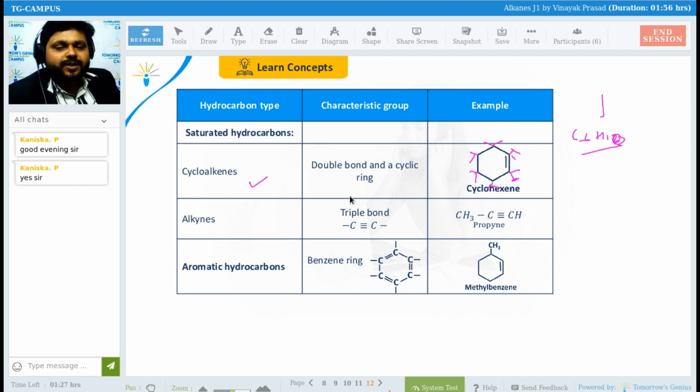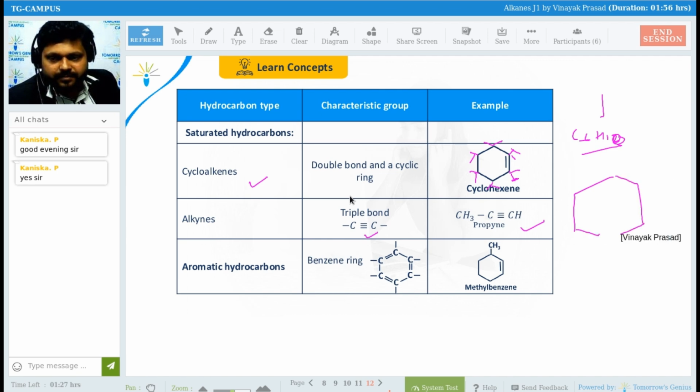Triple bond, see guys. Carbon, triple bond, carbon. So this is propyne. Now, is it possible to form a triple bond in benzene or any cyclic compound? Let's suppose we are forming a triple bond here, and one double bond is there, right?